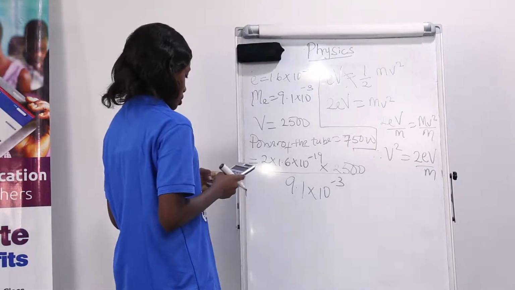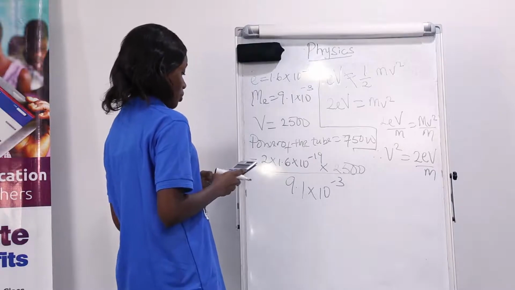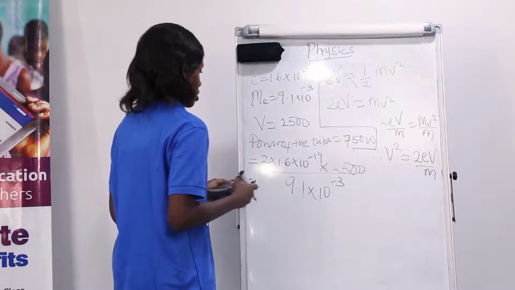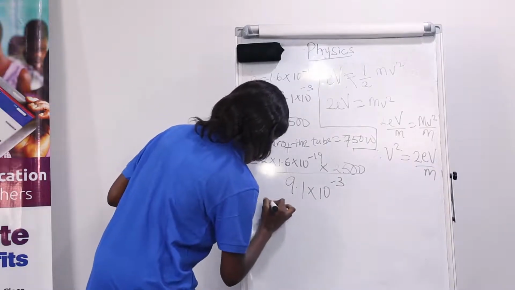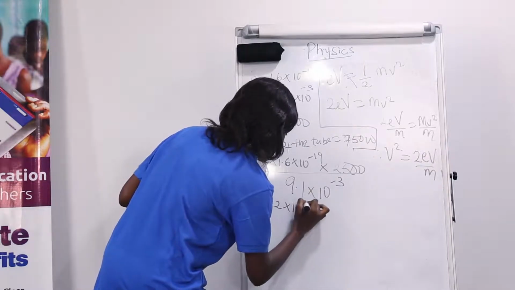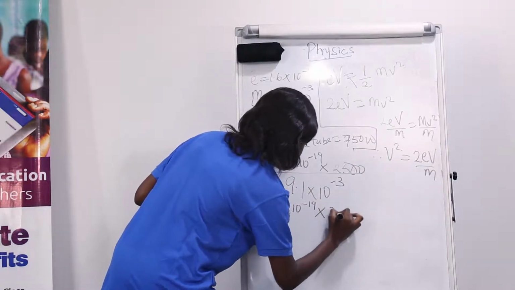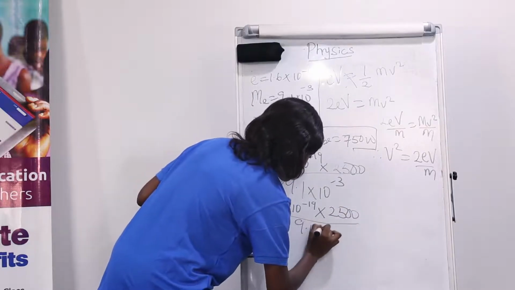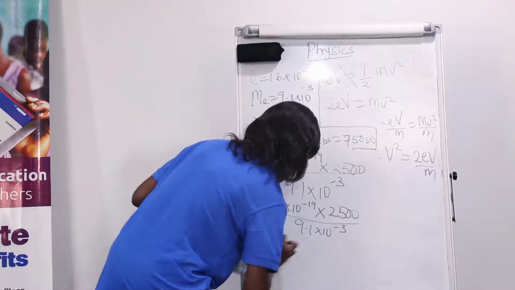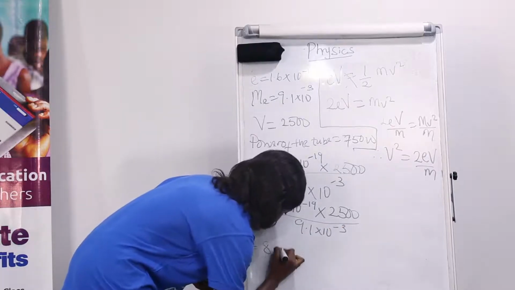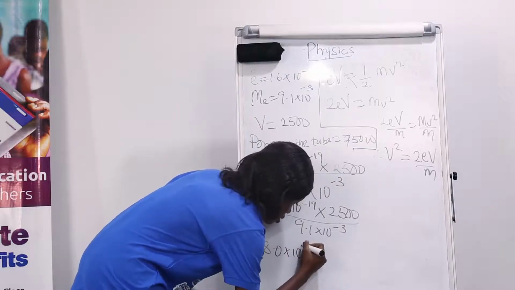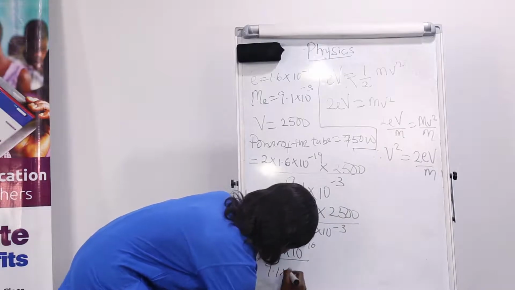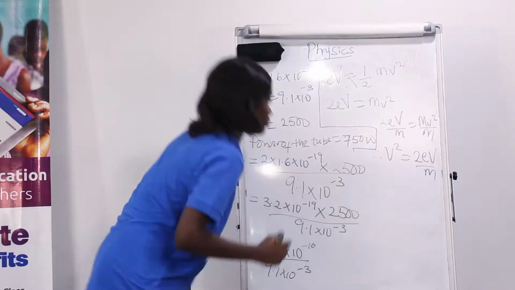So 2 times 1.6 times 10 raised to the power minus 19 times 25 divided by 9.1 times 10 raised to the power minus 3. We have 8.0 times 10 raised to the power minus 16 divided by 9.1 times 10 raised to the power minus 3.